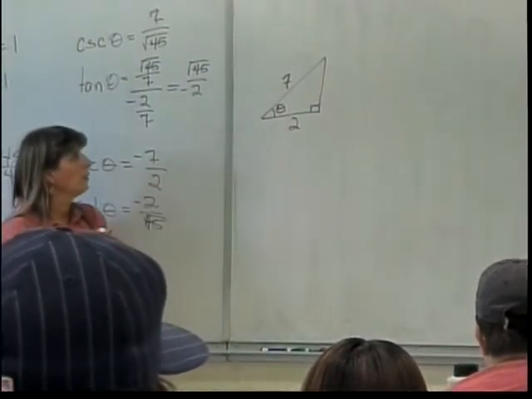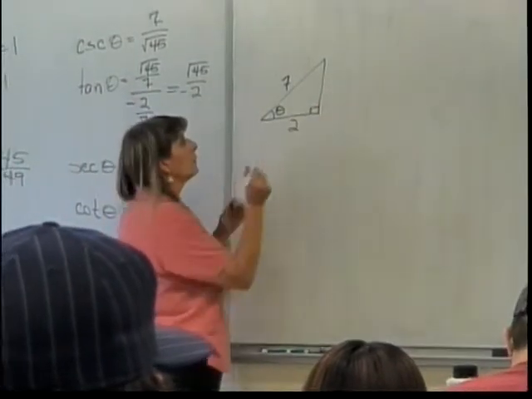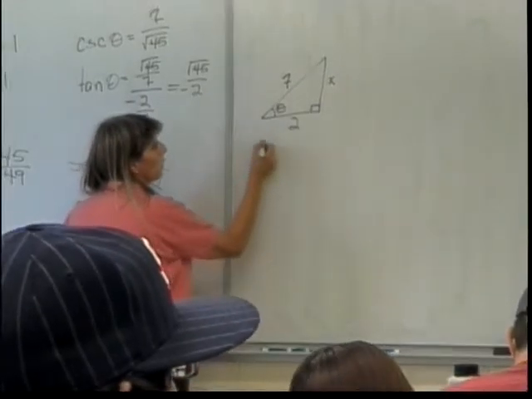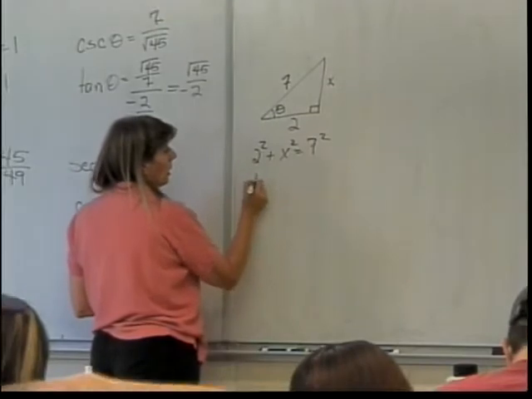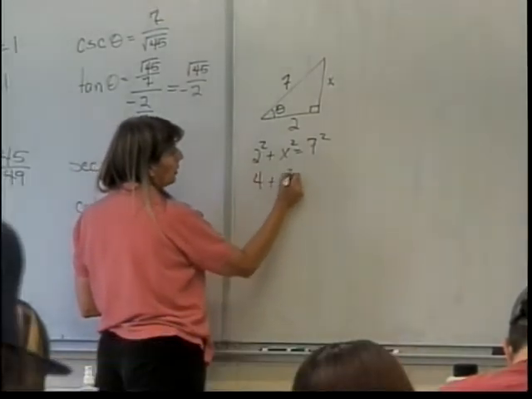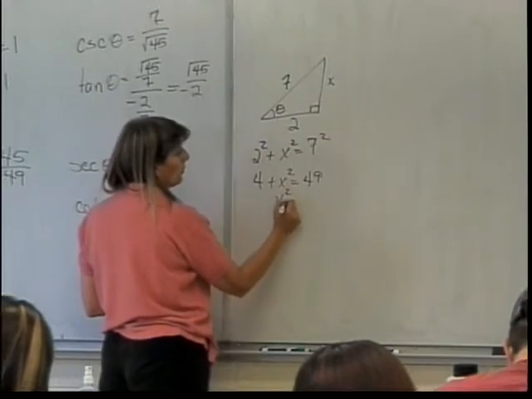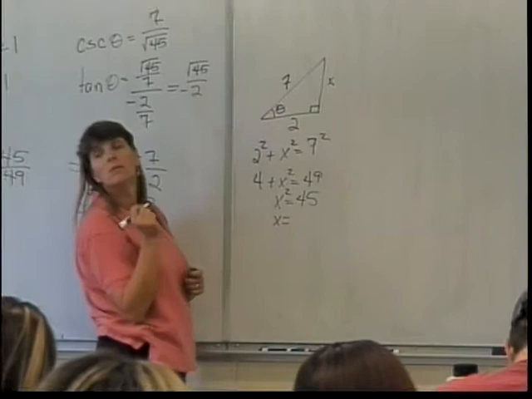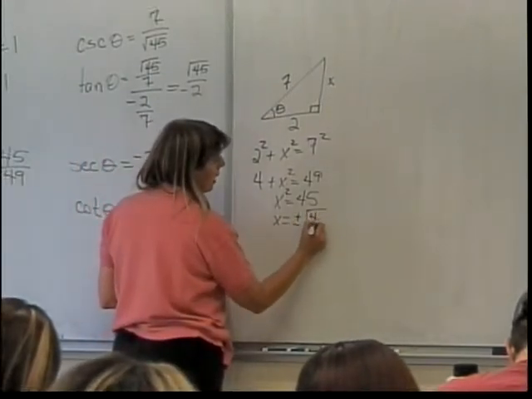Use the Pythagorean theorem. Okay, so what do you want to call this side? X? Okay. So according to the Pythagorean theorem, I have 2 squared plus x squared equals 7 squared. So that gives me 4 plus x squared equals 49. X squared equals 45. So x equals plus or minus the square root of 45.